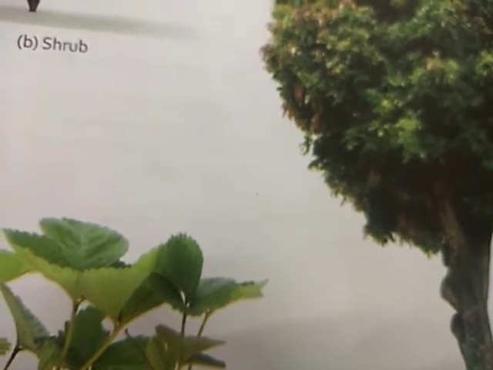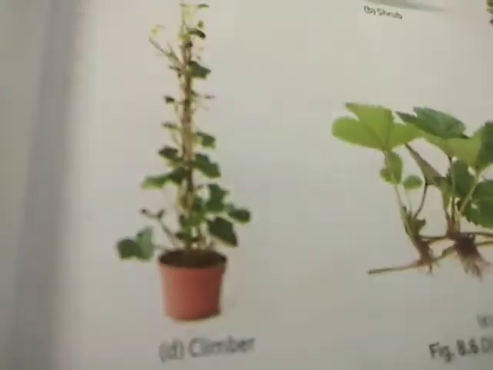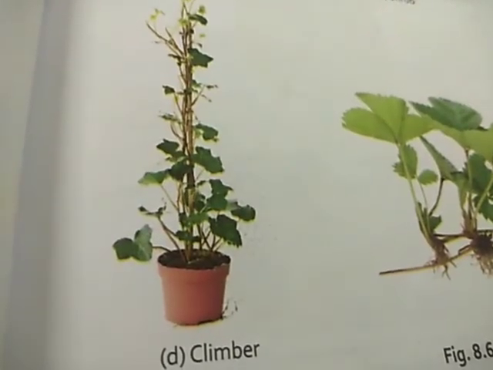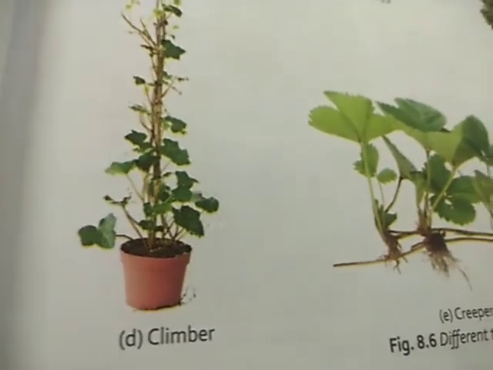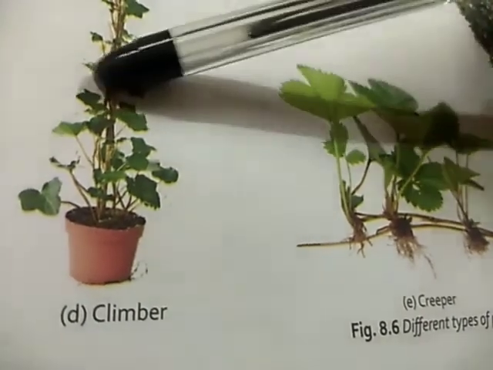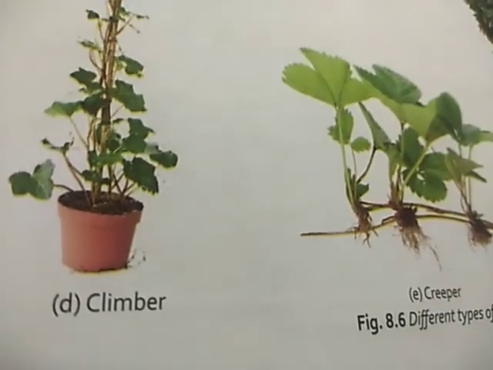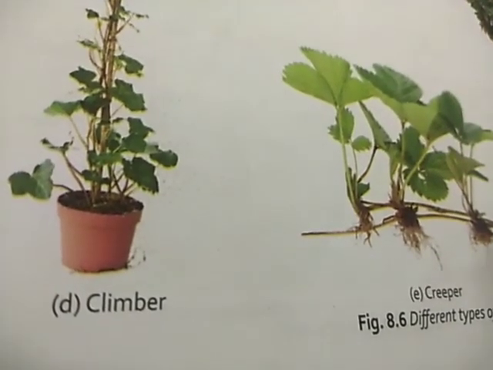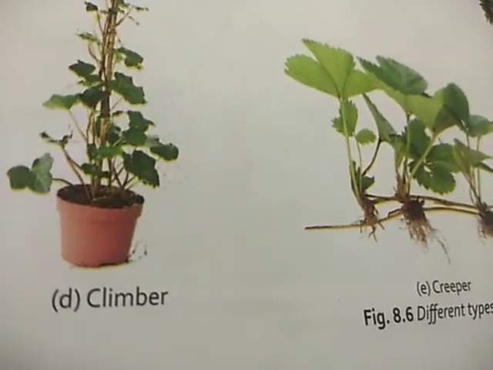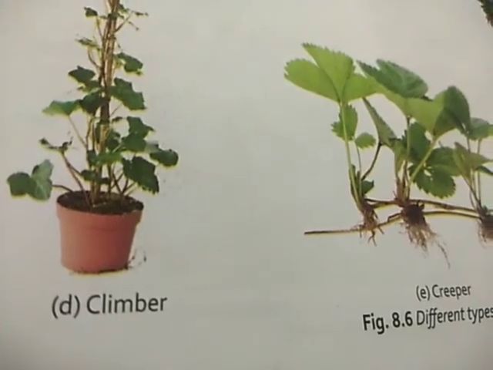Then the fourth classification is climbers and creepers. They have very weak stems. What are climbers? They need support to stand. Yes or no? These are climbers and these are creepers. Climbers such as grape and morning glory climb up taking the support of nearby trees or structures.